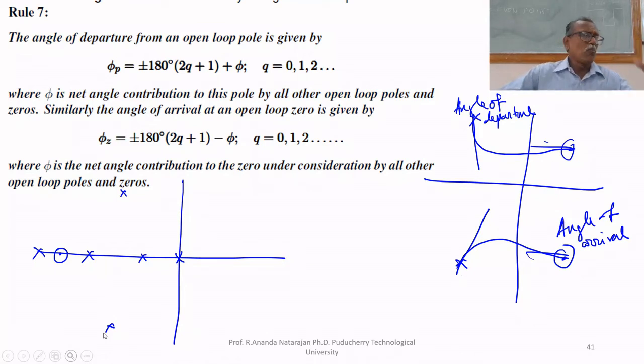All the open loop poles are starting points: pole 1, pole 2, pole 3, pole 4, pole 5, and pole 6. What is the end point? This Z1 is the end point. Only one end point, so out of 6 starting points, only one ends at the zero, and the remaining 5 will go to infinity.